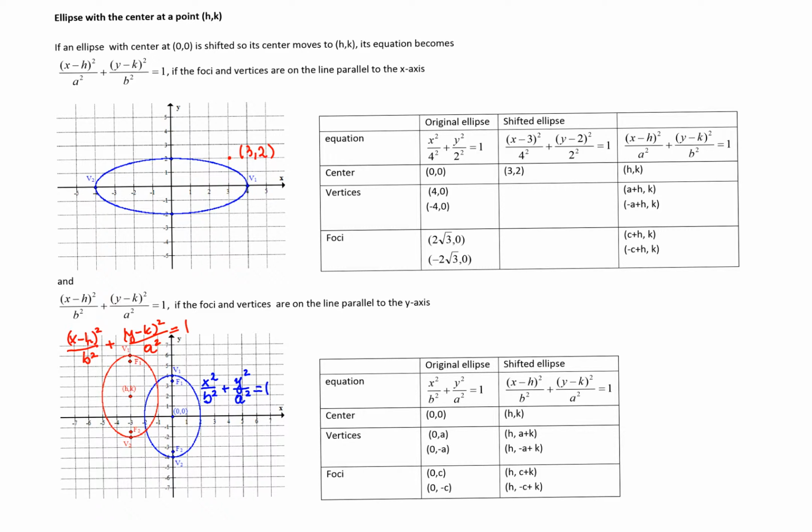As discussed in the lesson about parabolas, the equation will be changed in such a way that x is going to be replaced by x minus 3, since the shift is to the right by 3, and the y is going to be replaced by y minus 2, since the shift is 2 units up. And the equation of the shifted ellipse is going to be (x minus 3) squared over 4 squared plus (y minus 2) squared over 2 squared is equal to 1.